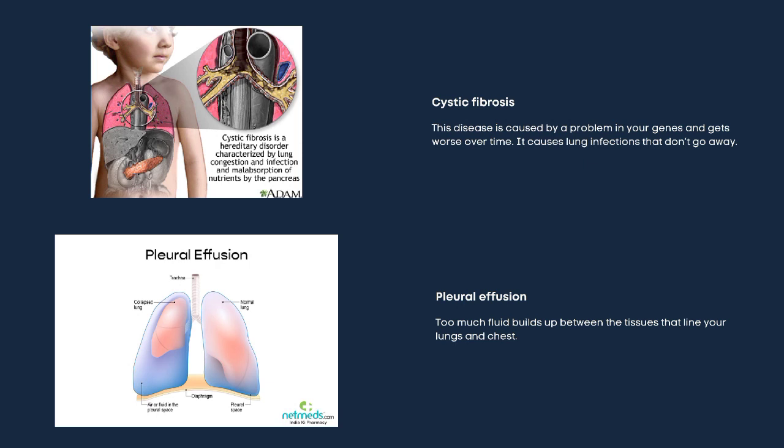Cystic fibrosis. This disease is caused by a problem in your genes and gets worse over time. It causes lung infections that don't go away. Cystic fibrosis, or CF, is an inherited disorder that causes severe damage to the lungs, digestive system, and other organs in the body.